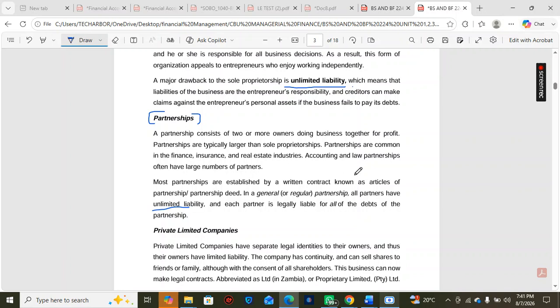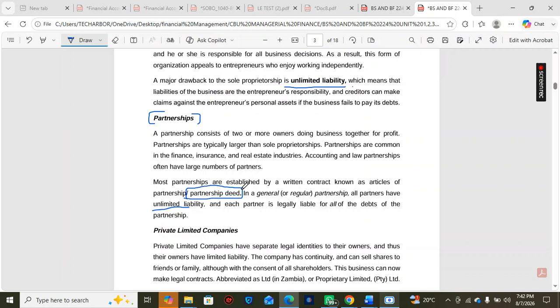That's why it's important for all partnerships to have what you call a partnership deed. This partnership deed will give every partner's roles and obligations, how you split profits as partners, what charges will be given to partners if they want to withdraw money from the business, and how a partner can exit the business.